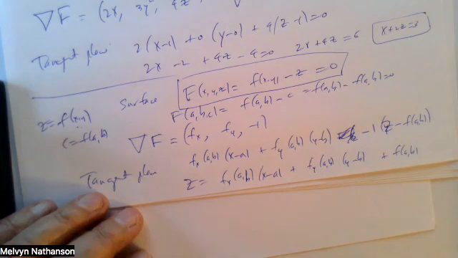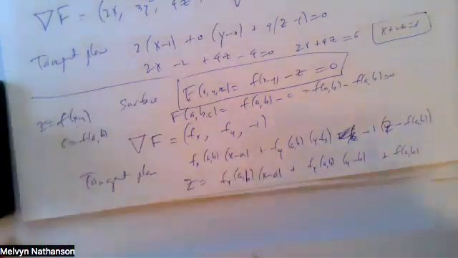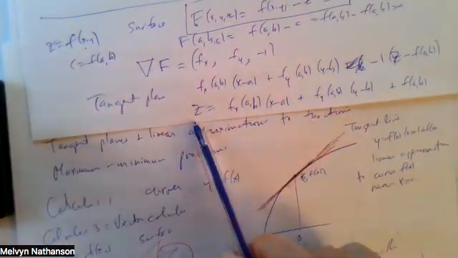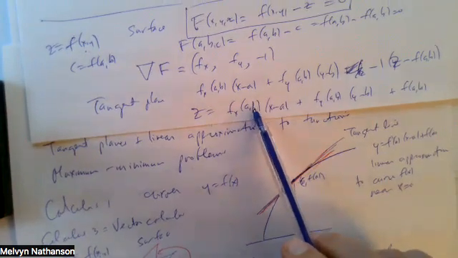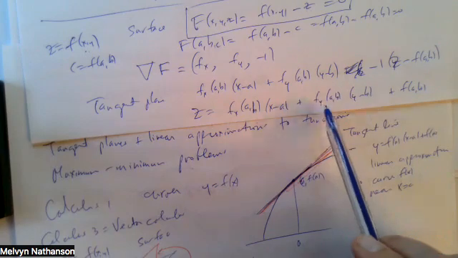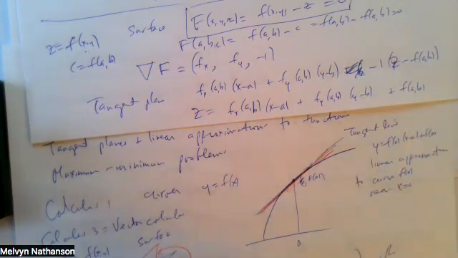And if you compare that to the tangent line of a curve for a function of one variable, see here, the plane is z equals partial of f with respect to x times x minus a, plus partial of f with respect to y times y minus b, plus the value of the function at a, b.